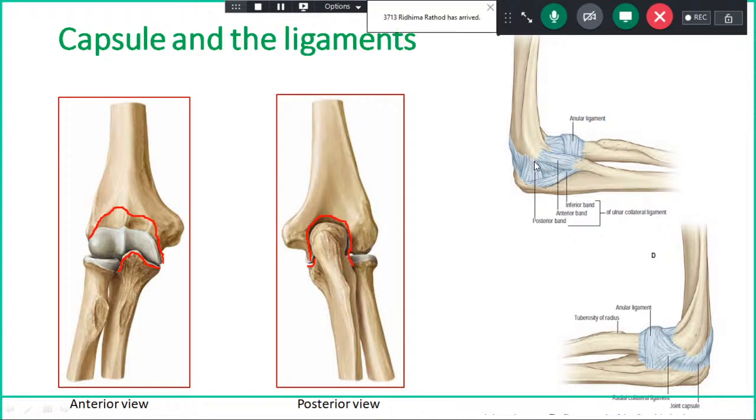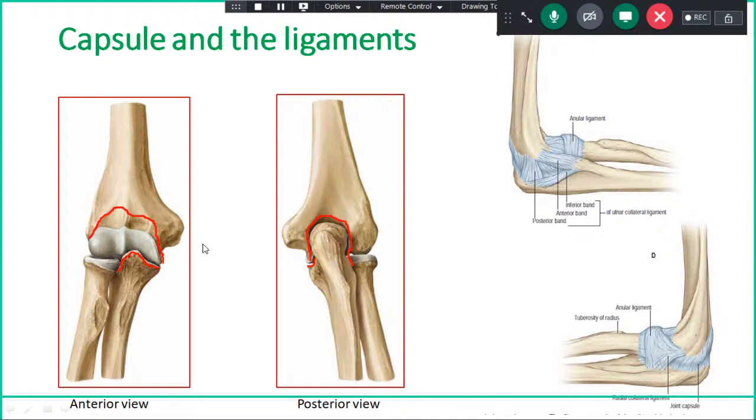Then there is a posterior band, again from the medial epicondyle to the medial edge of the ulnar tuberosity. In between, connecting the anterior band and the posterior band, is an inferior band, which goes along the margin of the olecranon and the coronoid.